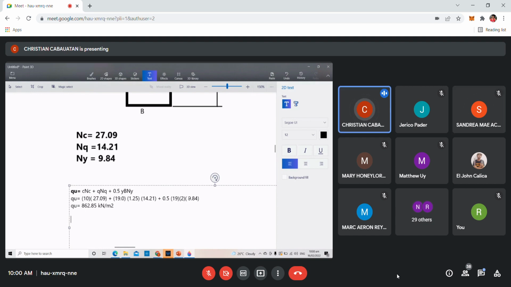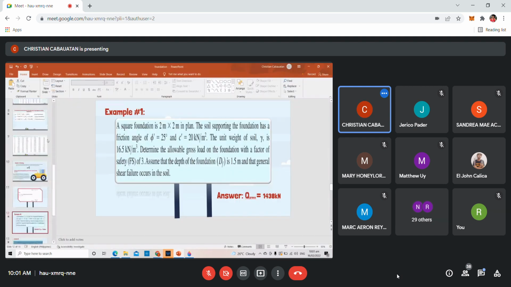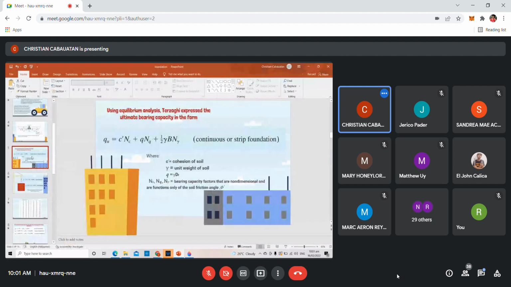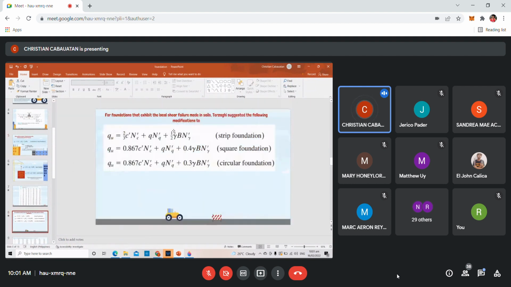Si CNC kasi, it is a general shear failure, di ba? Tama? Going back, tignan natin. Ayan, di ba? Si continuous or si strip foundation. Baka ang tinutukoy mo ay yung si local shear. Baka ito yung tinutukoy mo. Okay, sir. Thank you, sir.